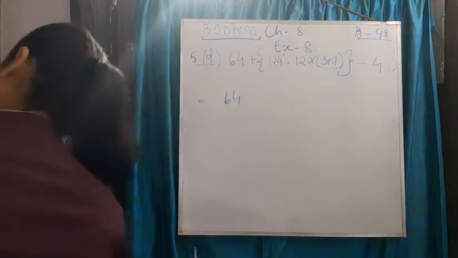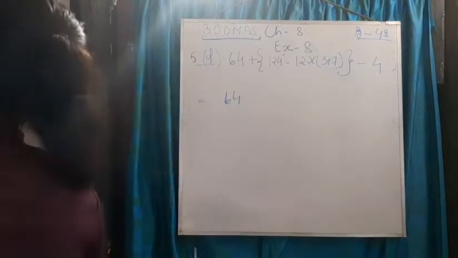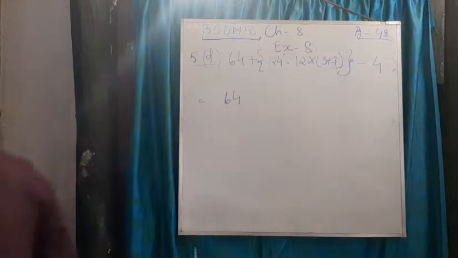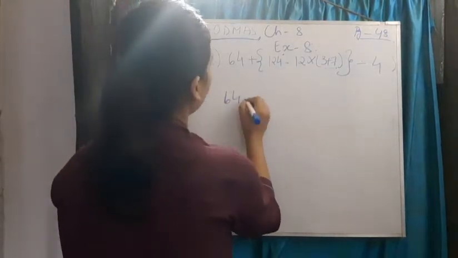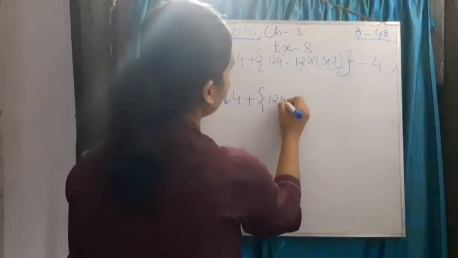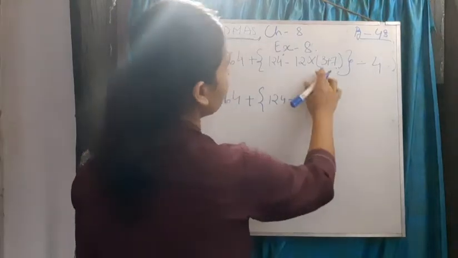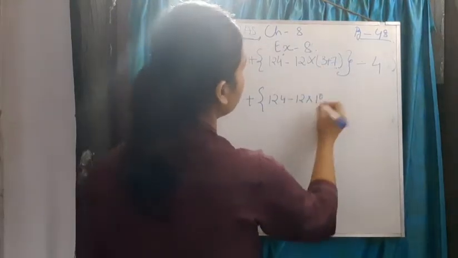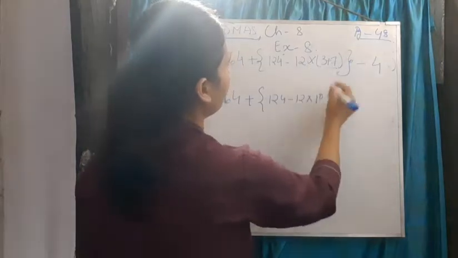Let me check once the question. Yes, it is correct. 64 plus 124 minus 12 into, so 7 plus 3 is how much? 10, right? So this bracket will be removed.